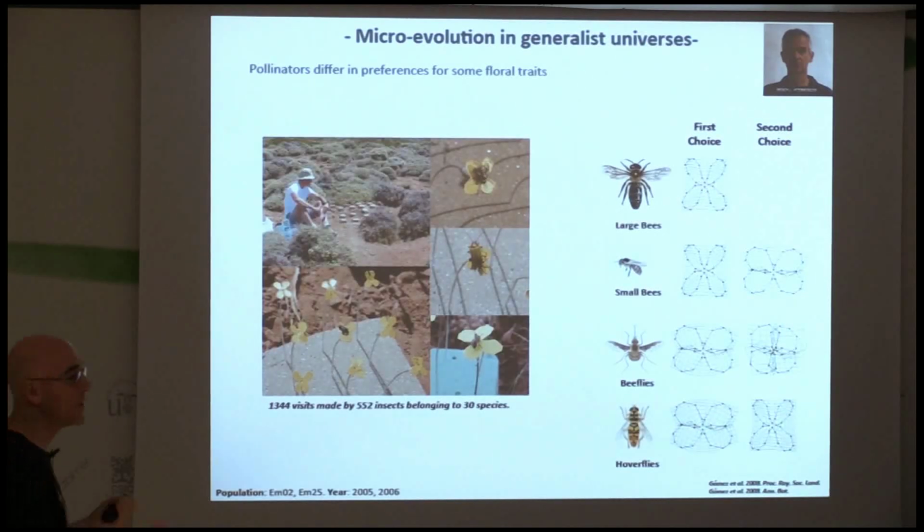That is, different pollinators have different preferences. We have groups of pollinators visiting the same plant, differing in effectiveness and differing in preference patterns. That means that probably if you have a type of phenotype, it is going to be visited by a type of pollinator that can be highly effective or very low effective. Okay? This is something that we have to identify very well in generalist systems.